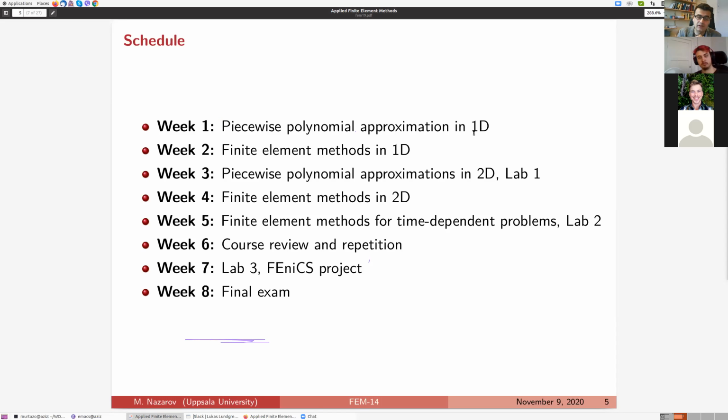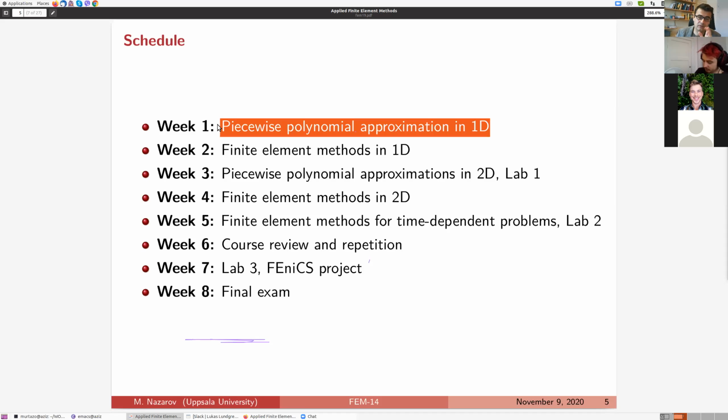In the finite element method, we're going to approximate the exact solution with a certain type of polynomials. These polynomials could be linear functions, they could be quadratic functions. In general, they could be any high order polynomials. The good thing with polynomials is that we can construct them. So this is what we learn in the first week.